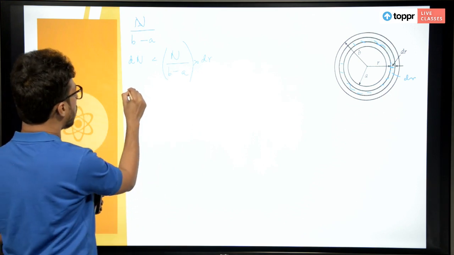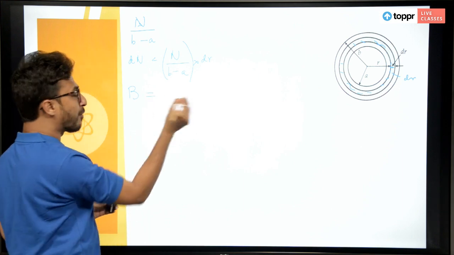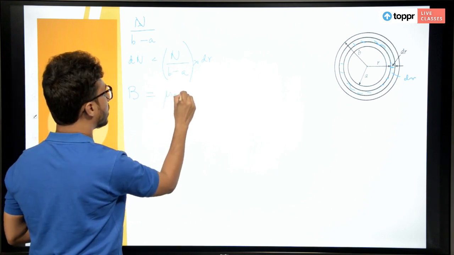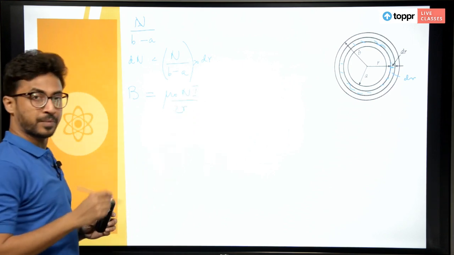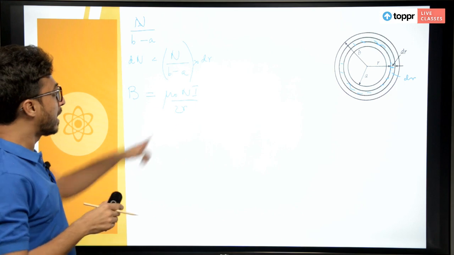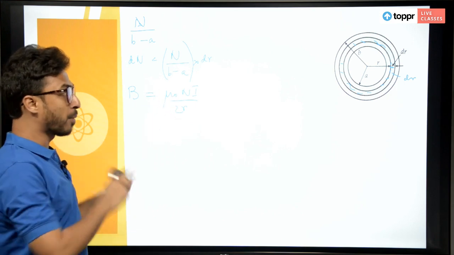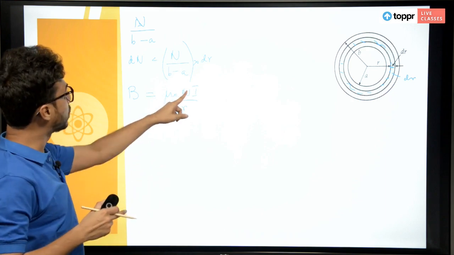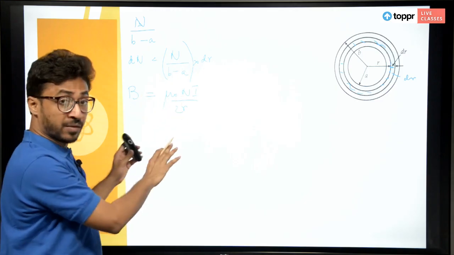Now, we are considering this to be a circular coil having a number of turns. As we used in our previous problem, B for a circular coil is nothing but mu 0 N I by 2r. In our previous problem, if you remember, the number of turns was 1, so we took mu 0 I by 2r. But in this problem, as we are taking a number of turns, it is mu 0 N I by 2r, and this is the general formula.